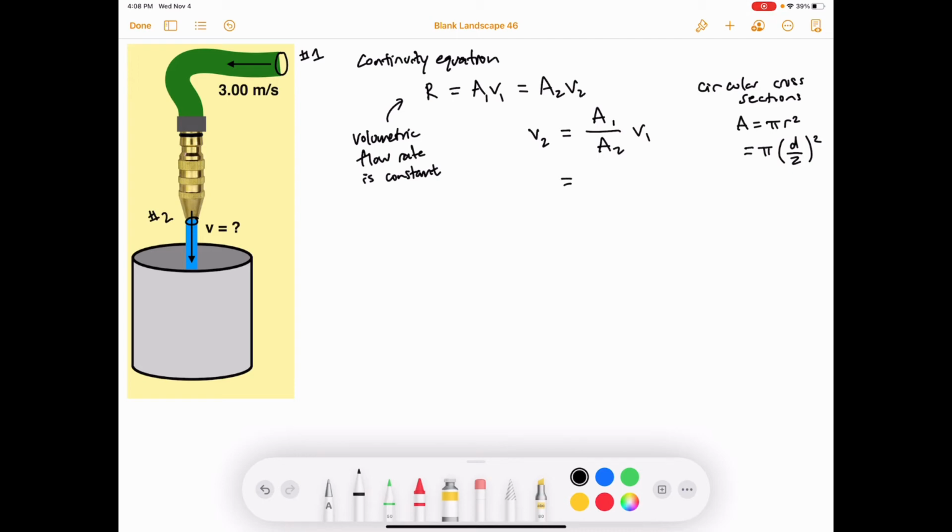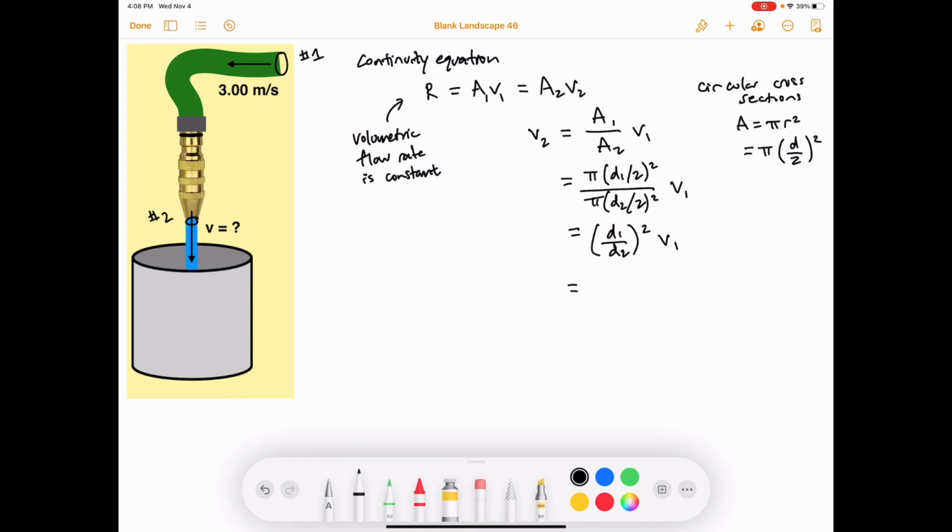So we have pi times d1 over 2 squared divided by pi times d2 over 2 squared times v1. So canceling out the factors of pi and 2, we have d1 over d2 squared times v1. So the ratio of the areas is the same as the ratio of the diameters squared.